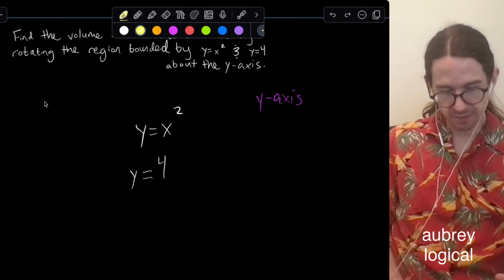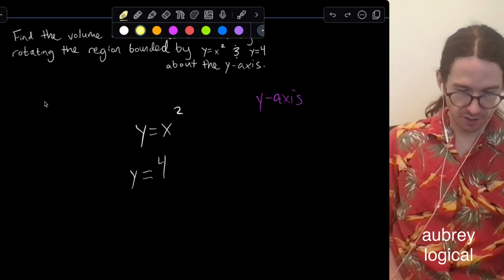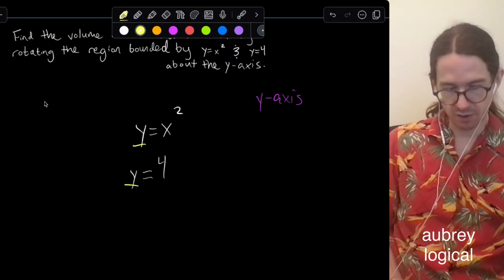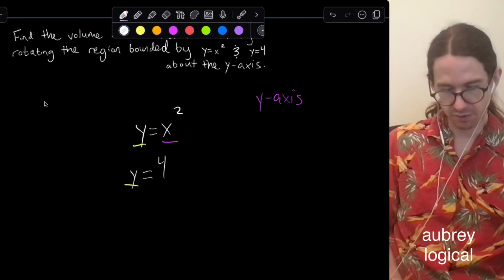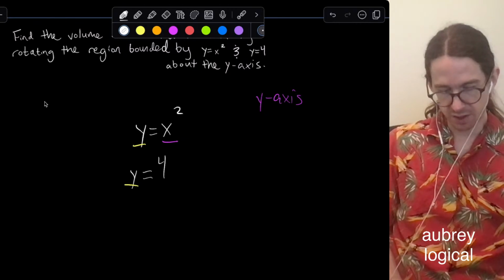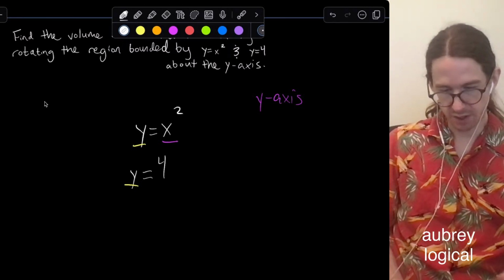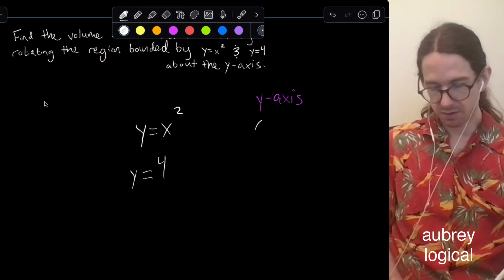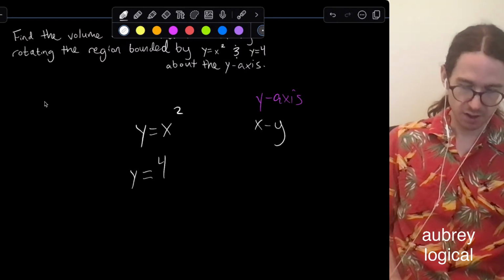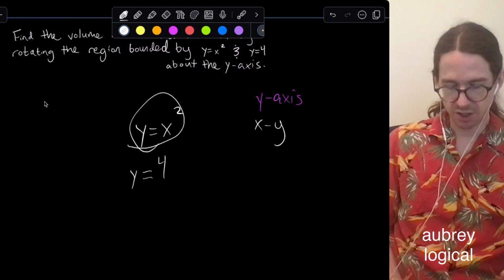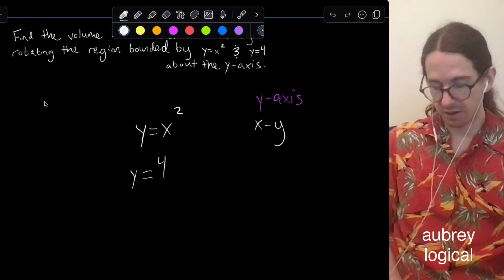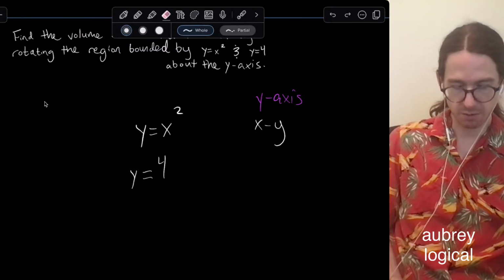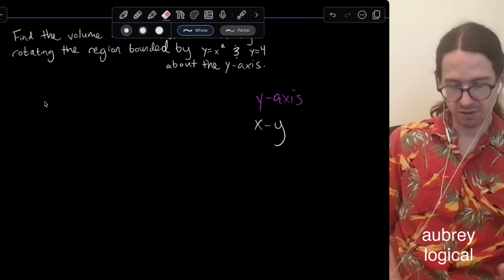So right off the bat, it looks like we can do it in either way, either y convenient or x convenient, because we have two solutions for each one. But it's going to be easier to do x convenient, because otherwise we would have to solve this equation for x, which wouldn't be that difficult in this particular situation, but in a harder problem, it's just easier to do x.